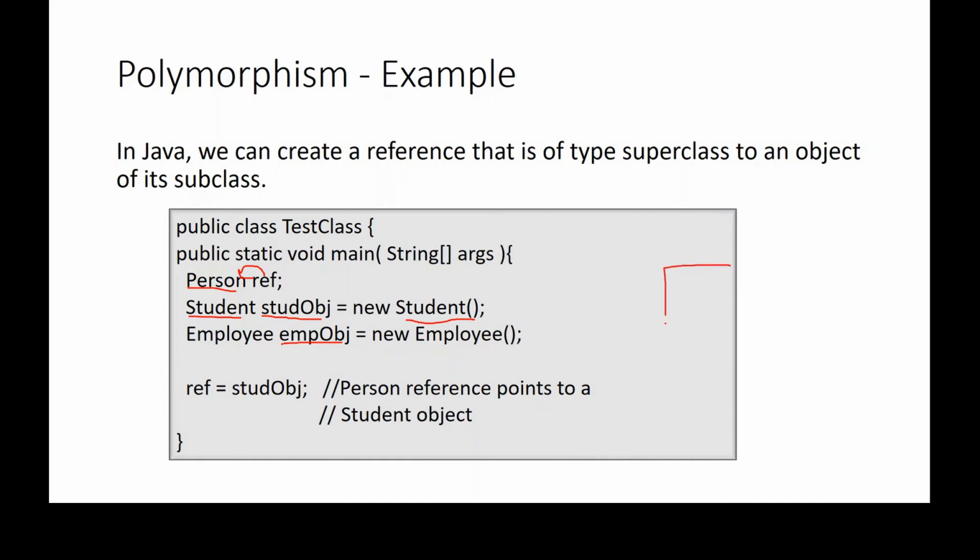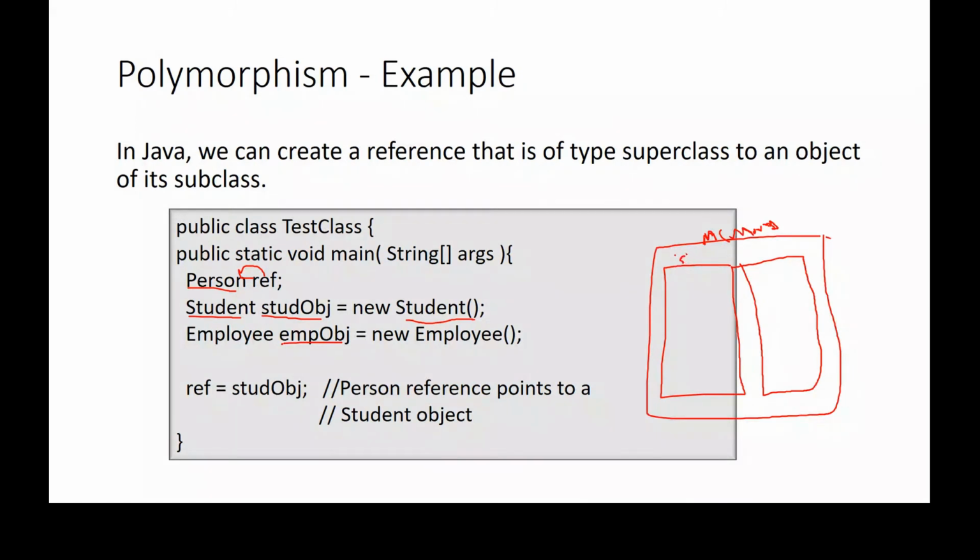When we talk about the memory, we have two sides of the memory. One we call the stack, and the other we call the heap. The stack stores the variables, the pointers, and the heap stores objects.